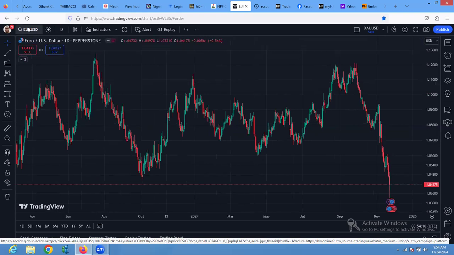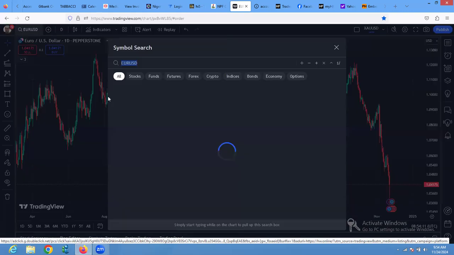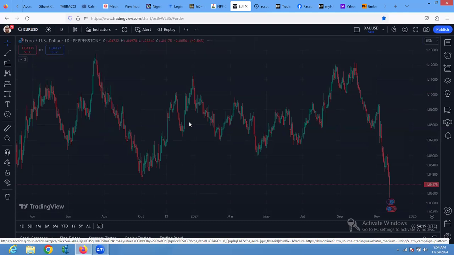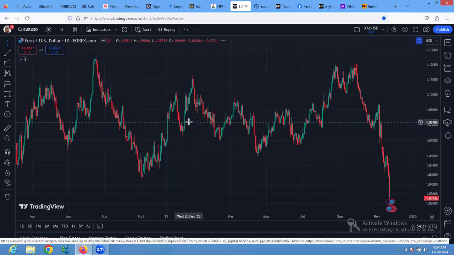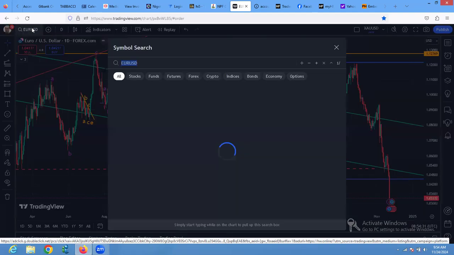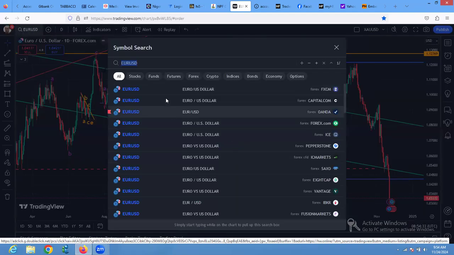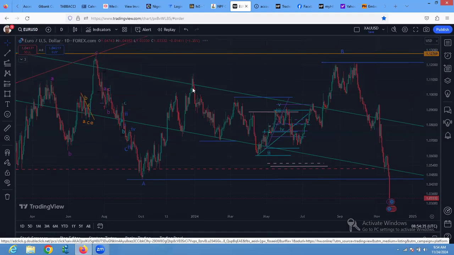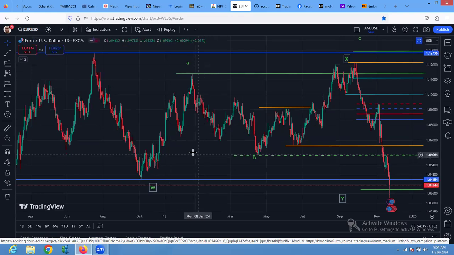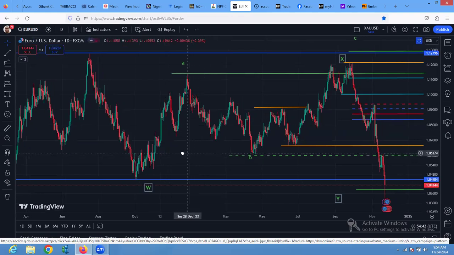I don't have it marked. So let me look at where I have marked. Let's look at this. Good. So I have this one marked. I don't like this one. Let's look at this. Good. This is better. So I have this one marked already for training.